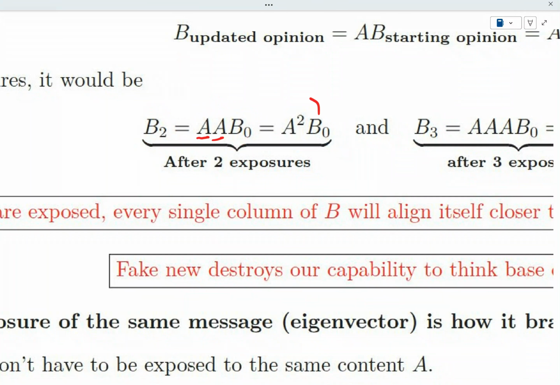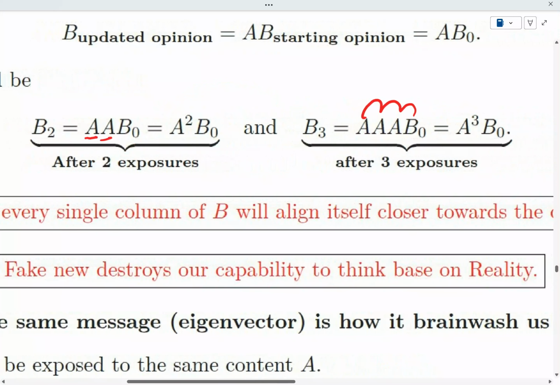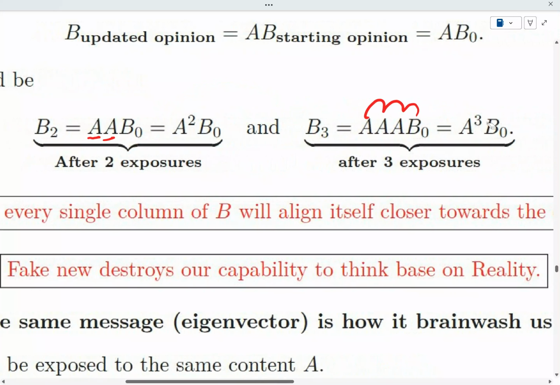So b0 multiplied by A squared gives you b2. And if you get exposed more times, say 3 times, 1, 2, 3, it's A cubed. We could just take our initial matrix and multiply by A again and again, however, it actually makes more sense if we simply know how to calculate A to the third.